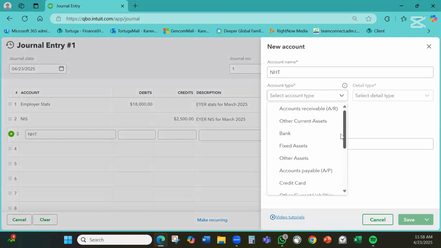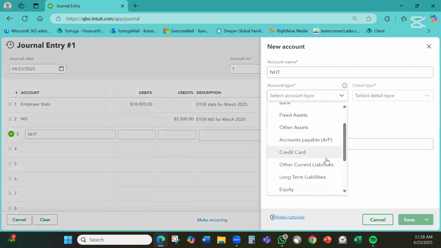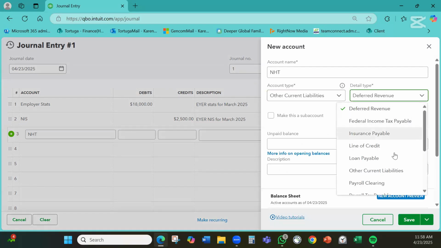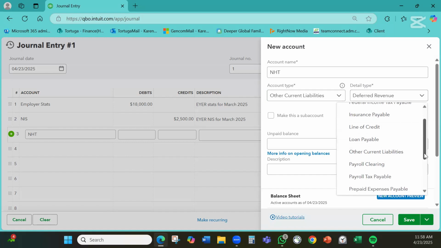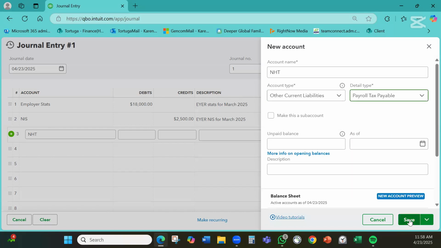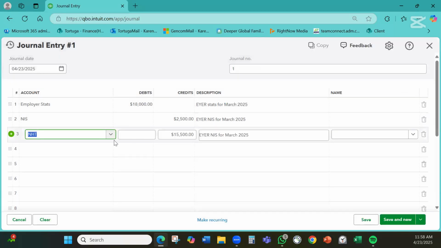What was this again? It's a liability, and it's a tax. Save it. And NHT. I don't know, I'm just making up some figures.